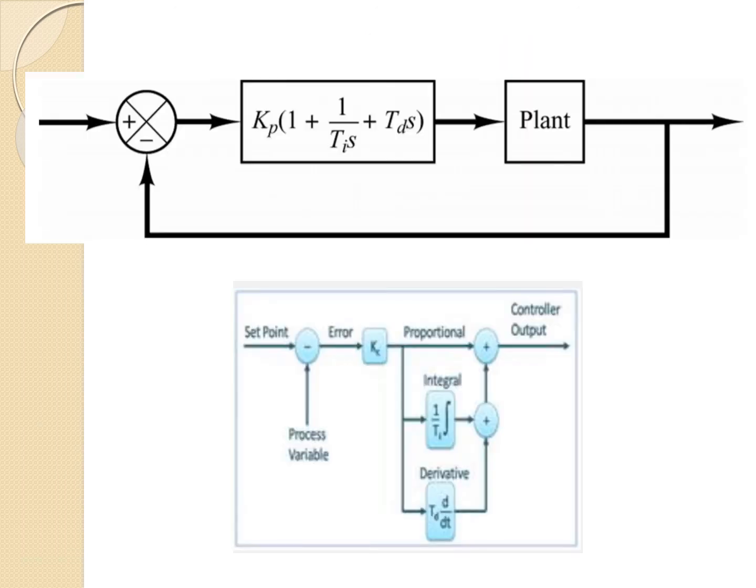Okay, so basically, the block diagram for this controller system is like this. So this Kp represents proportional control, this Ti represents integral control, and this Td represents derivative control.